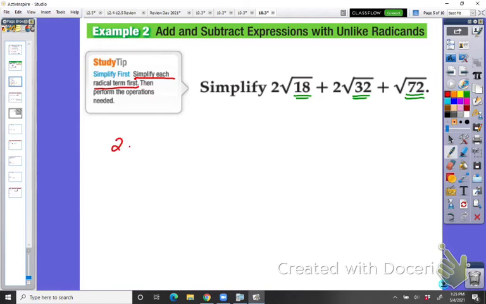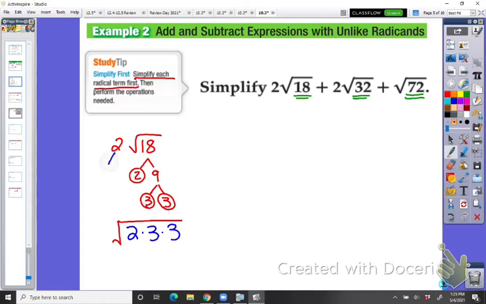So 2 roots of 18. What we're going to do is break down 18 with a little factor tree. We can start with 2 times 9. 9 breaks down into 3 times 3. When we did this in 10.2, all the circled numbers we wrote back underneath the radical. This 2 in the very beginning gets brought down, and you're looking for pairs.